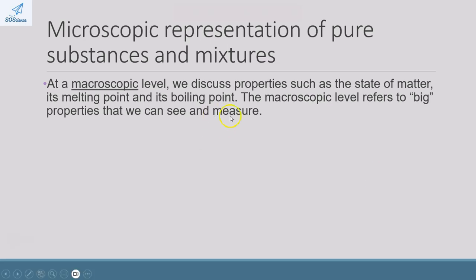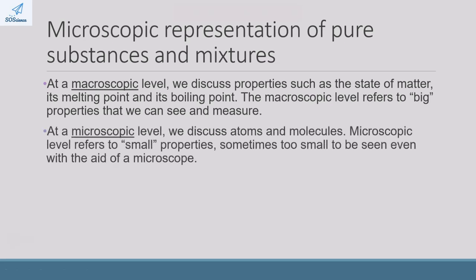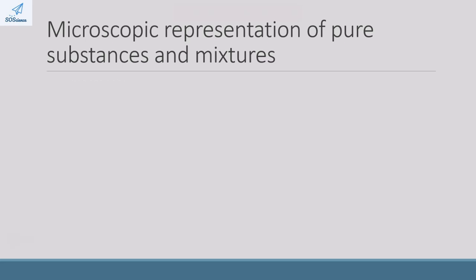We can use a thermometer to measure the melting point and the boiling point of different substances. That is macroscopic. Those are the big properties that we can actually see and we can measure them. But microscopically, we're talking about tiny, tiny things, things that we cannot even see with the aid of a microscope sometimes, which is the case with atoms and molecules.